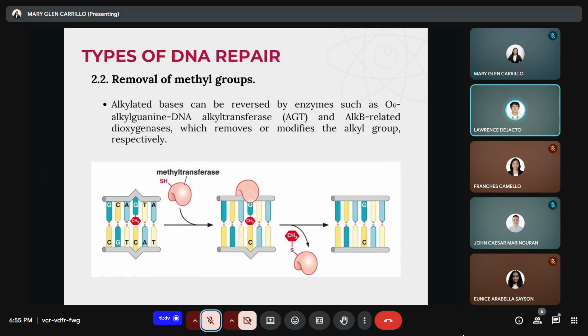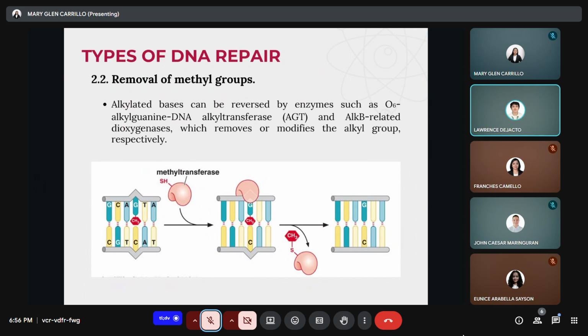Then it removes the methyl group, transferring it onto an amino acid of the enzyme. Then the methylated enzyme is no longer active. Hence, this has been referred to as a suicide mechanism for the enzyme.